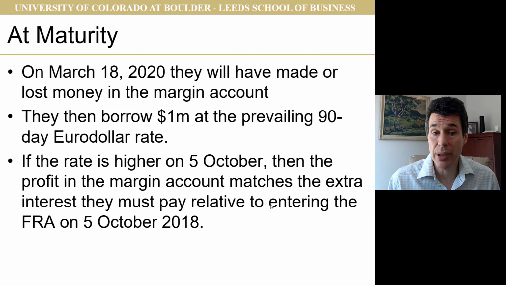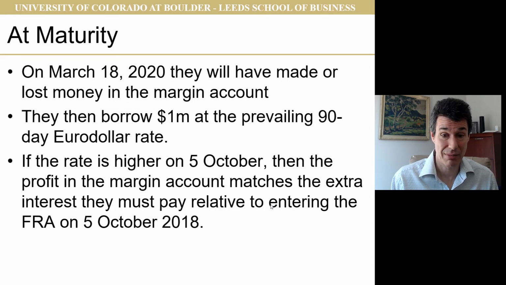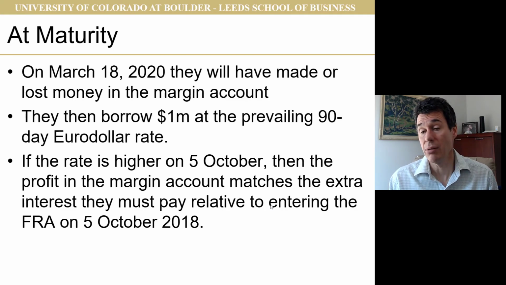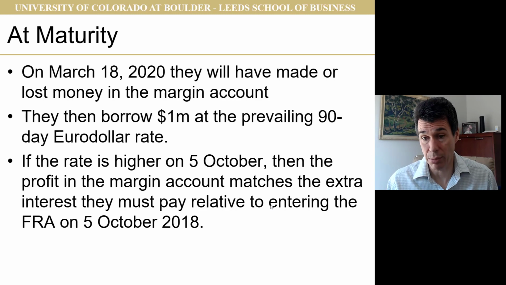They will enter into an FRA at a lower rate, but of course, they've already paid that extra interest, right? That's what the losses in the margin account represent. So basically, the margin account represents, if the rate's higher, the additional interest they would have to pay to borrow at the prevailing rate, or if the rate is lower, the interest they will save because they're borrowing at the prevailing rate.